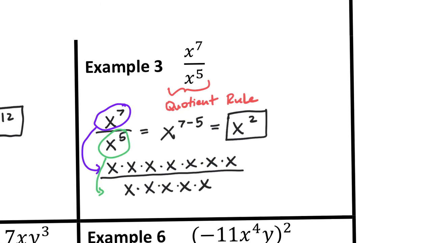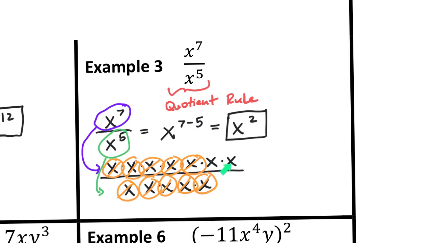Use a different color here. So for example, these two cancel out, these two cancel out, these two cancel out, these two cancel out, and these two cancel out. And so I'm left with x times x.